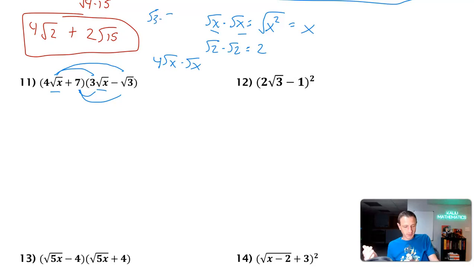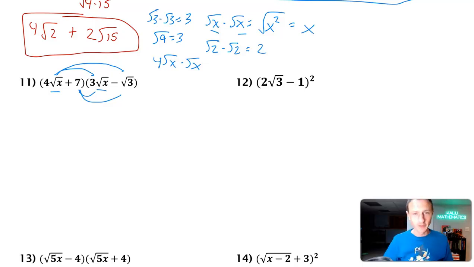Square root of 3 times the square root of 3, that's just 3 because square root of 9 is 3. So if you're multiplying the same thing together inside a radical, it's just going to become that number squared. If you're taking a square root, though, it just becomes that number. So if I have like the square root of y times the square root of y, that's just y, and so on. The pattern continues.